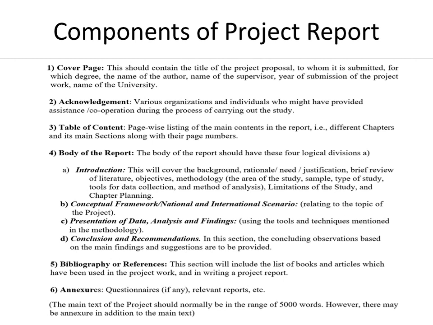Now moving to the next. We are first discussing the components of the project report. Basically, a project report consists of 4 chapters, which we have already done. But here is how the project work goes. First is your cover page. Next, here it is written number 2 acknowledgement, but I would say the next is the supervisor certificate and student's declaration, and after the student's declaration you will have your acknowledgement.